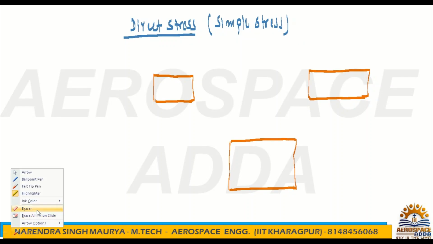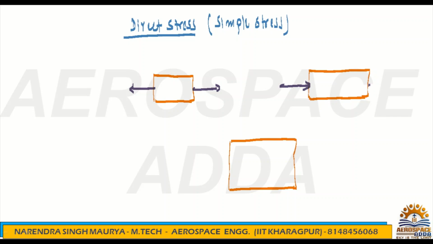For this object, maybe the load will be acting something like this, over this surface. I can draw this 3D surface, and that load may be acting something like this.